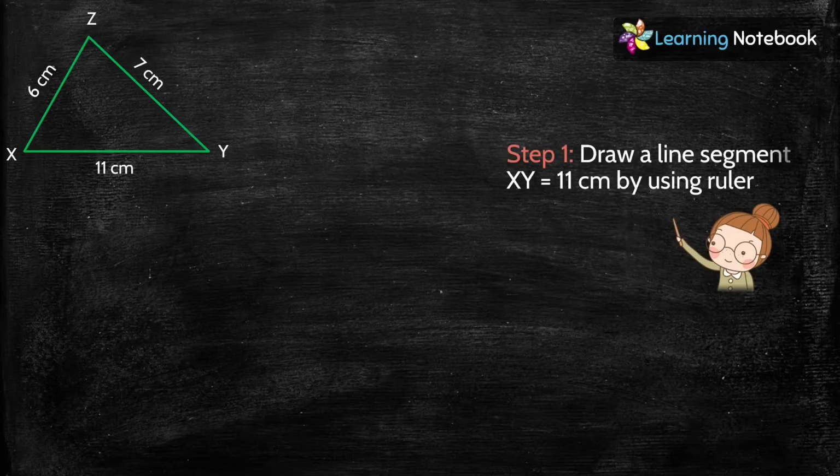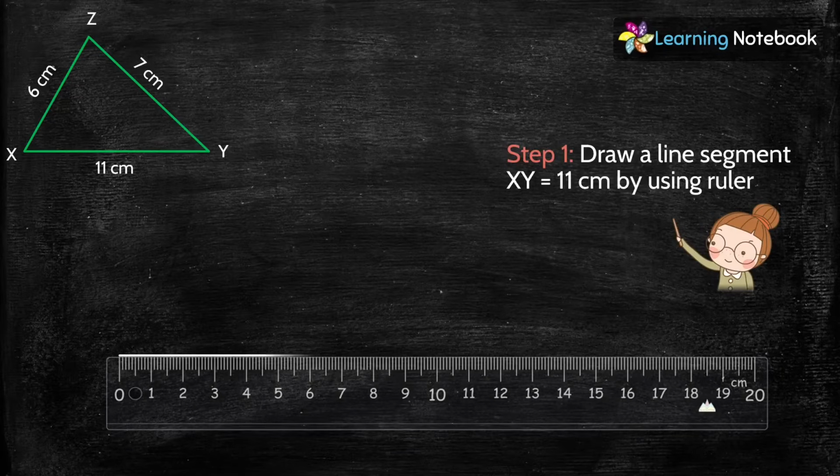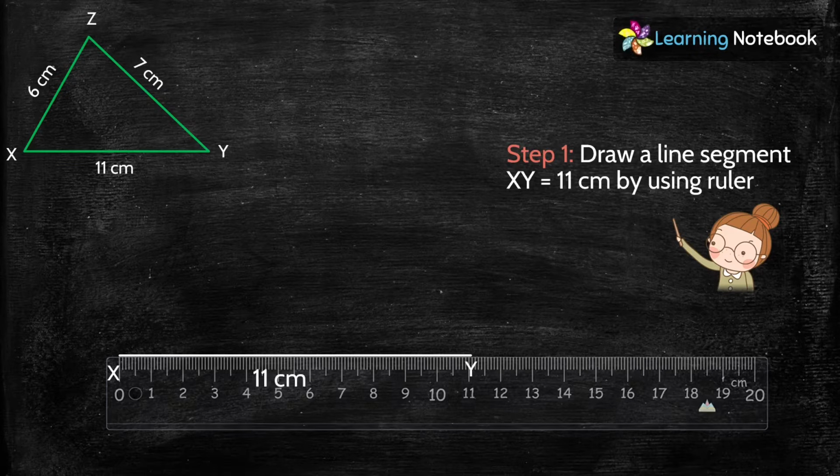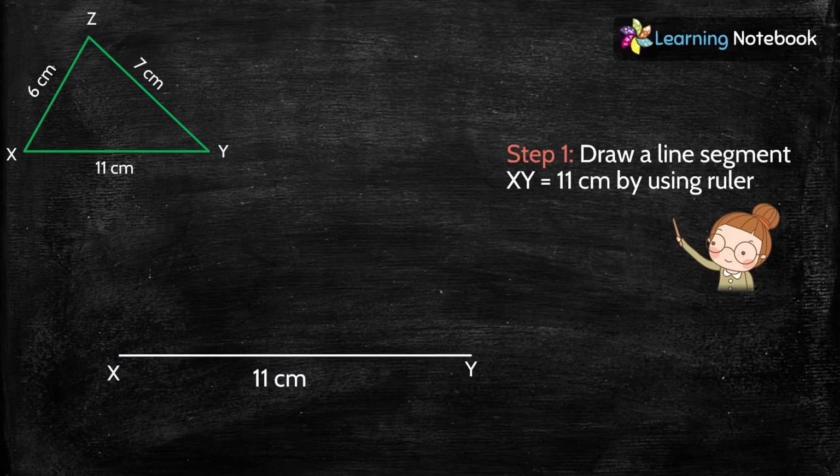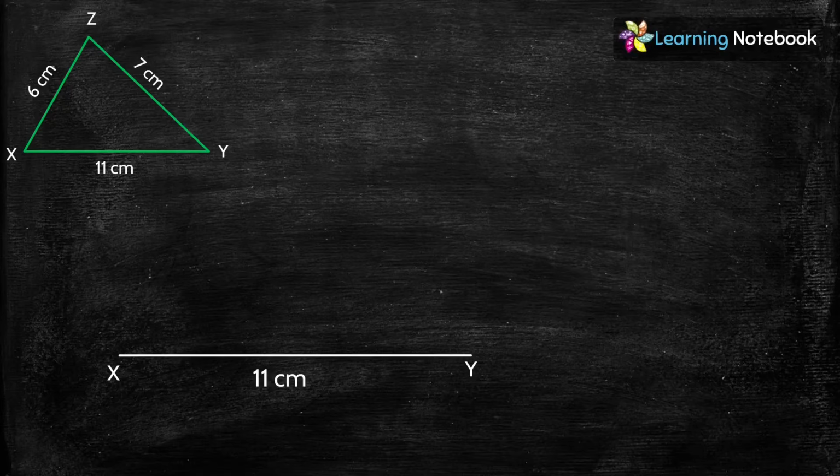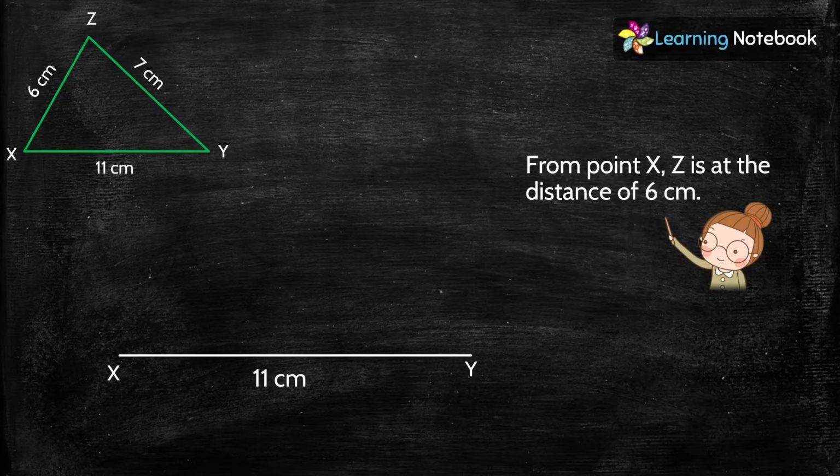In step 1, let's draw a line segment XY equals 11 cm with the help of a ruler, and also mention its length as 11 cm. Now look at this rough sketch. We have to draw XZ of length 6 cm.